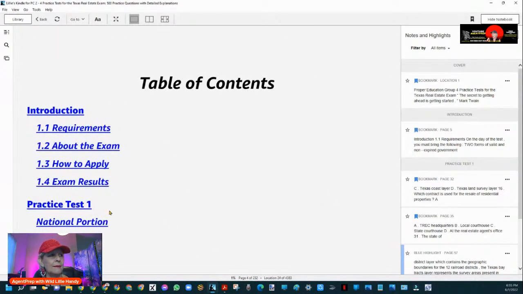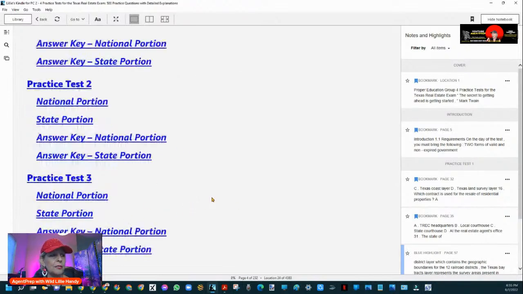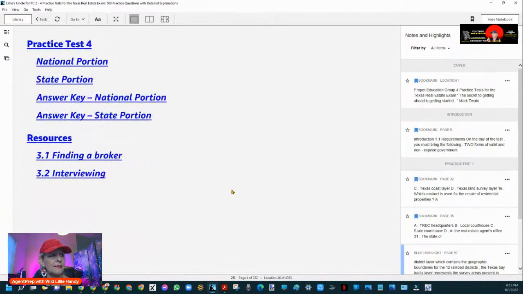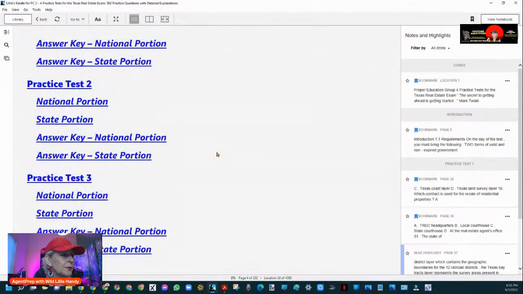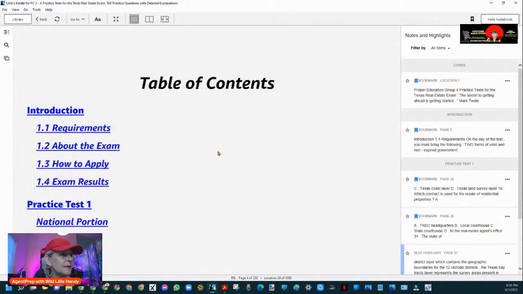It's similar to the other ones: how to prepare, how to apply for the exam, practice tests. They have national and state. There are 4 practice tests and other resources. You see how they have the answer key, finding a broker, interviewing. Oh, I thought this one had vocabulary, so I guess not.